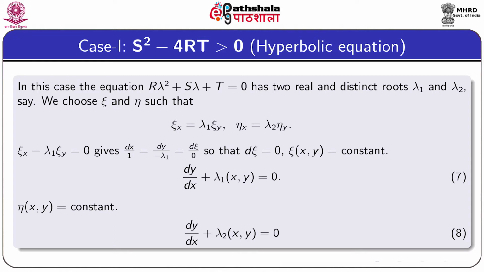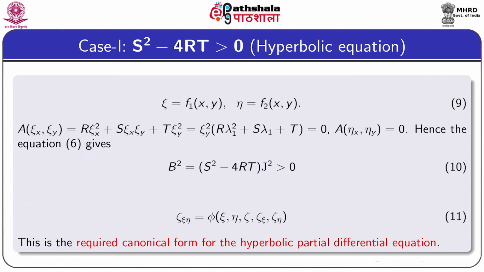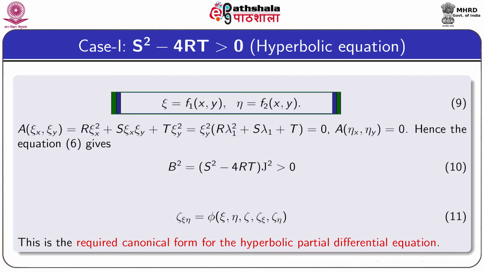So, from these two equations, solving equation number 7, we get an integral, let f1 x y equals constant, and solving 8 we get another integral f2 x y equals constant. So, xi can be chosen as xi equals f1 x y and eta equals f2 x y.